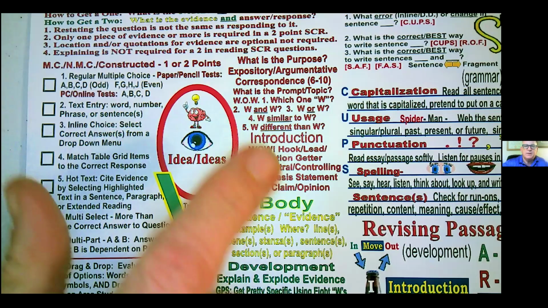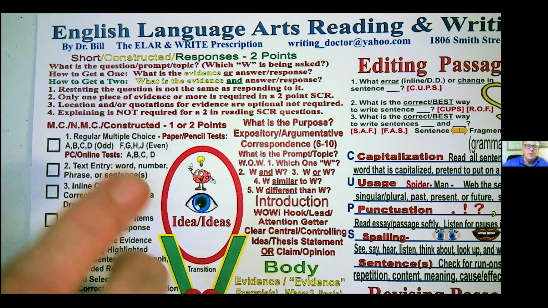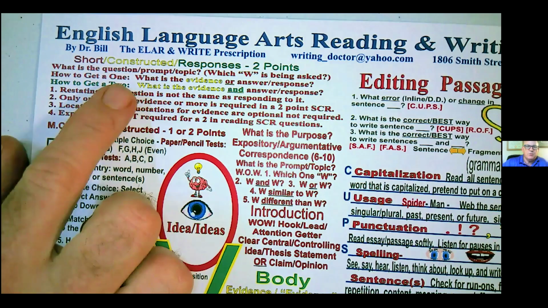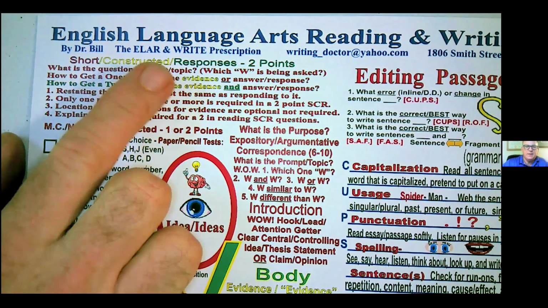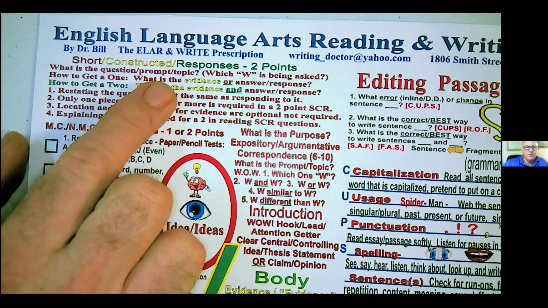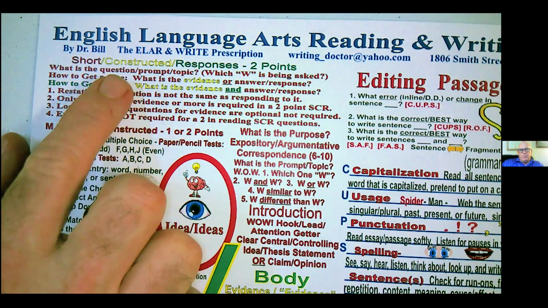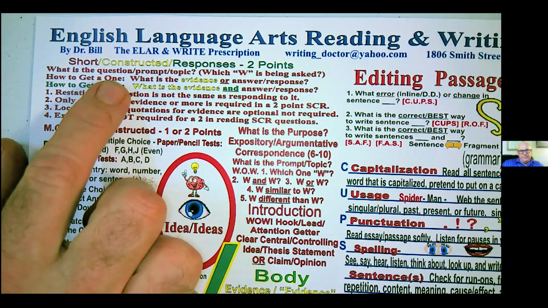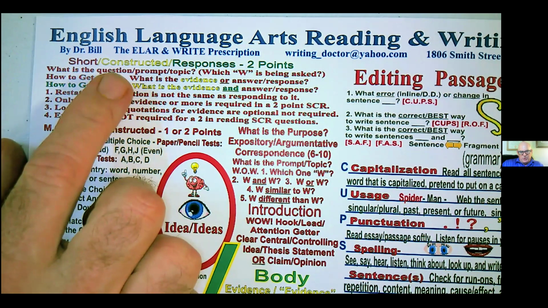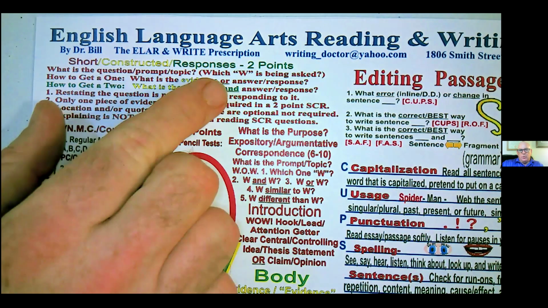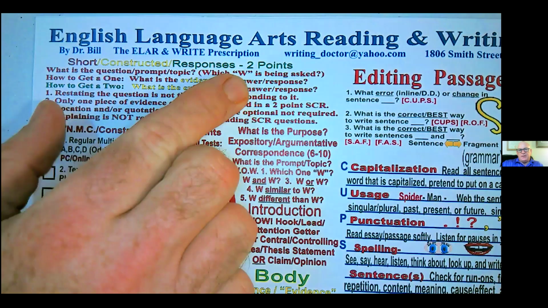Here's basically the guidelines. All right. Again, we have yellow and red. So, short constructed response, total of 2 points, and it's a reading question. So they won't be testing grammar. What is the question? What is the prompt? The topic. Which W is being asked?